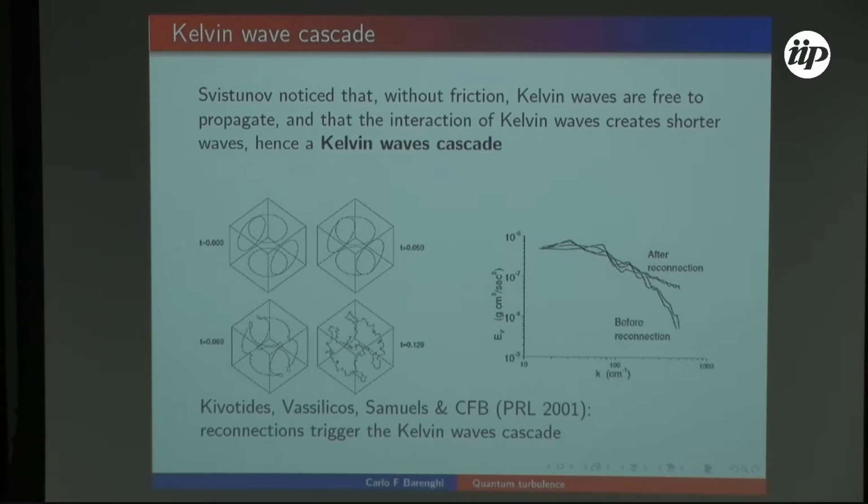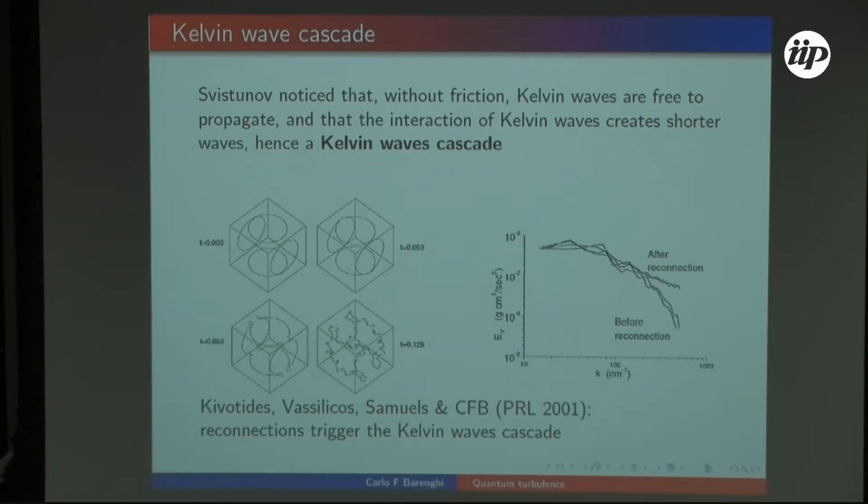So a Kelvin wave cascade rather than a Kolmogorov eddy cascade, until the wave numbers, the length scales, would be so short, very large wave numbers, very short length scales, that the motion of the vortices radiates sound very efficiently. You require very short length scales for this to happen. So that was the idea of the Kelvin cascade, and he made predictions about this process.